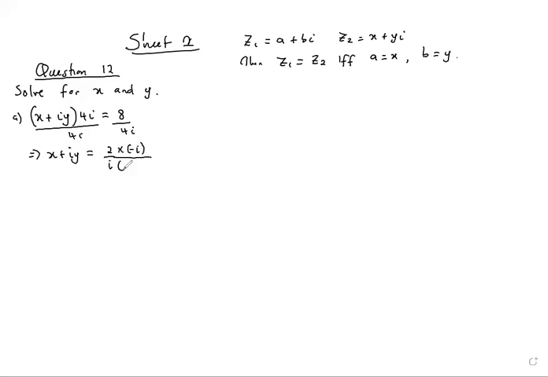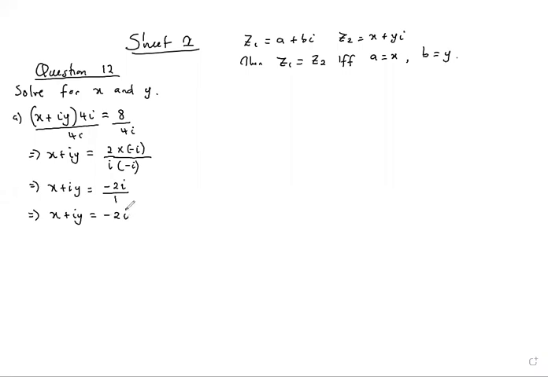So you get x plus iy is equal to negative 2i over i times i, which is negative 1. Negative 1 times negative, you get positive 1. So the whole thing is giving us x plus iy is equal to negative 2i.